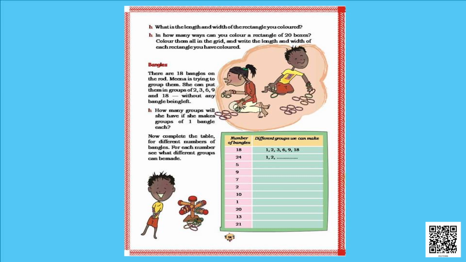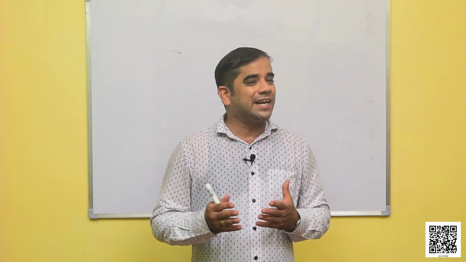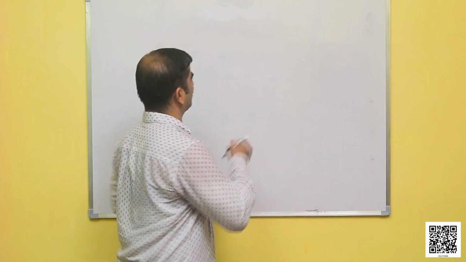So the other story, that is the story of the bangles. There are 18 bangles on the rod. Meena is trying to group them. She can put them in groups of 2, 3, 6, 9 and 18 without any bangles being left. Why so?